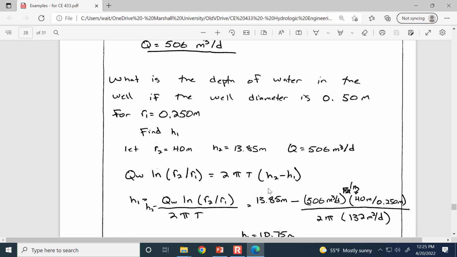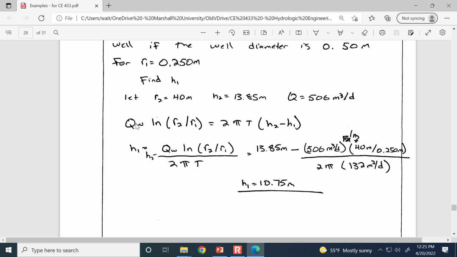Okay, so you can just see we've rearranged the equation here to solve for H1 in terms of H2.